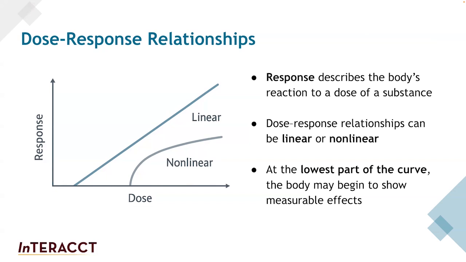A linear relationship means the response increases steadily with dose, while a nonlinear relationship shows that the response may start more gradually and then change more sharply as the dose increases. The important idea here is that response does not always look the same. It can vary depending on the chemical and the biological process involved.